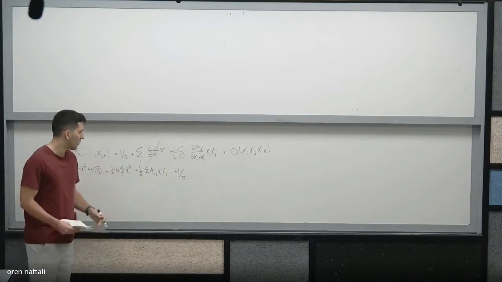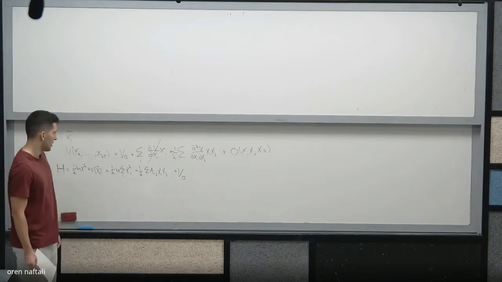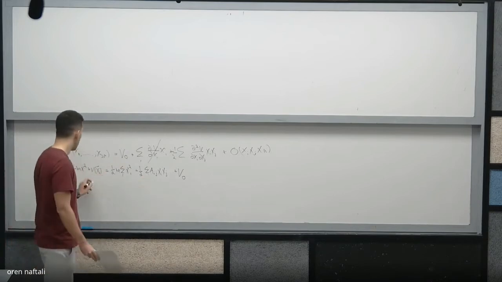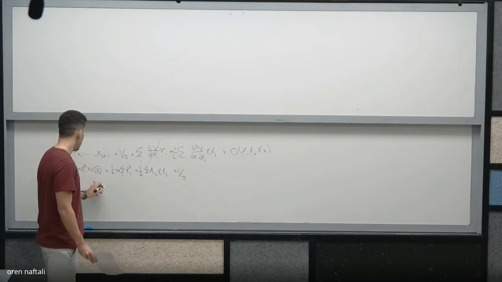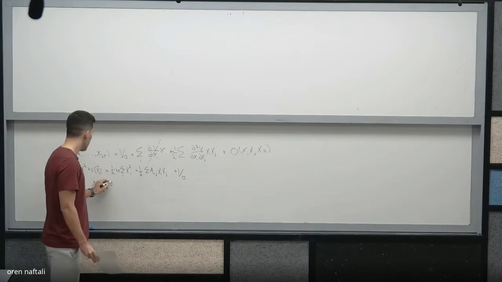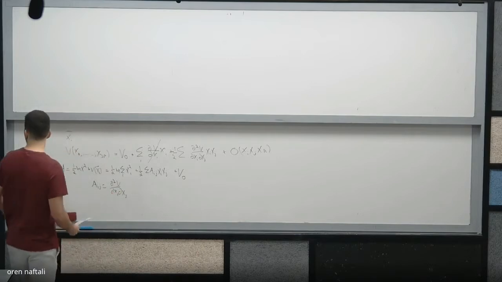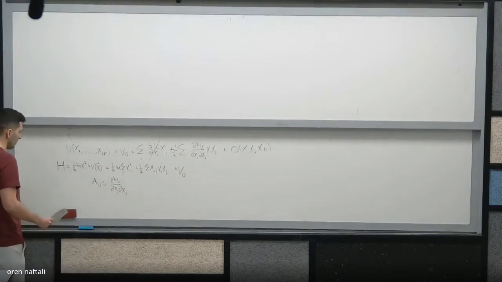We can neglect the V0, it's just a constant and doesn't matter. And Aij is just the coefficient of the second derivative.